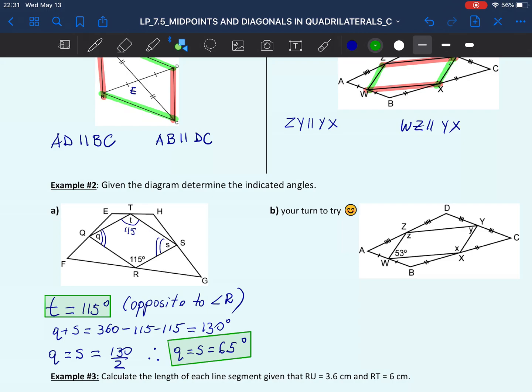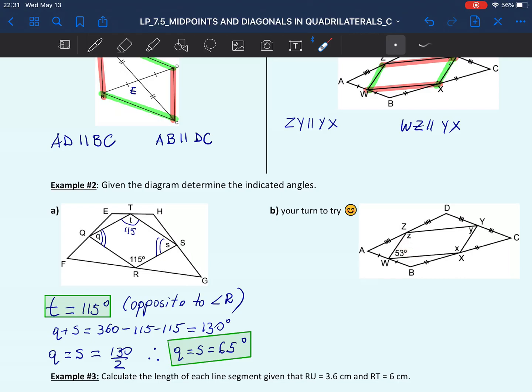In the next diagram, we have A, B, C, D, quadrilateral. We have Z, Y, X, and W, the midpoints of the quadrilateral. Which means that Z, W, X, Y must be a parallelogram.